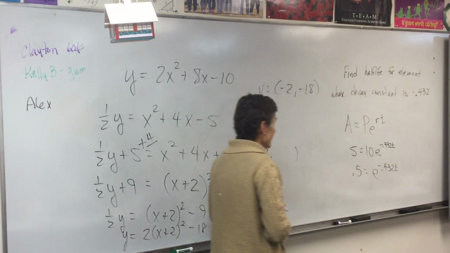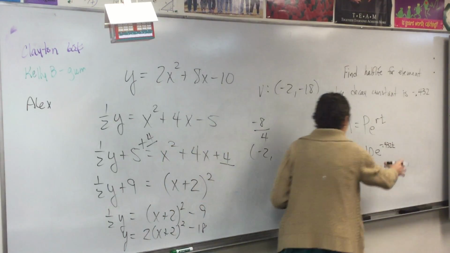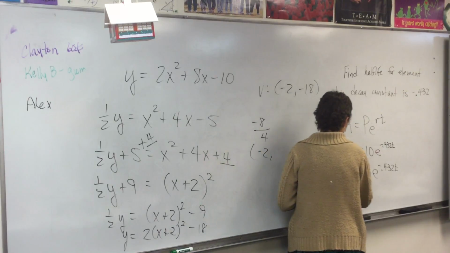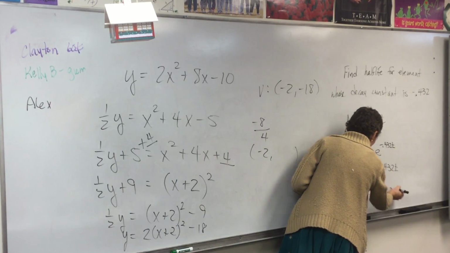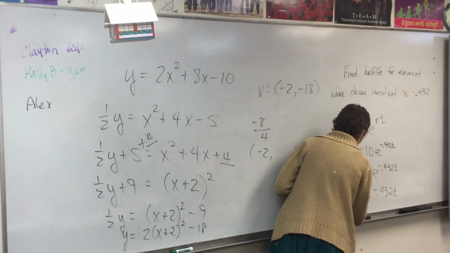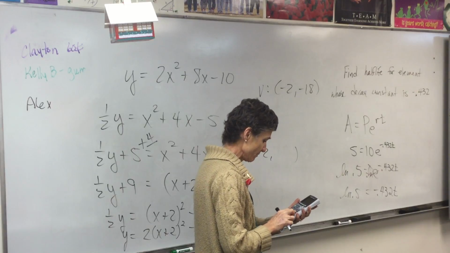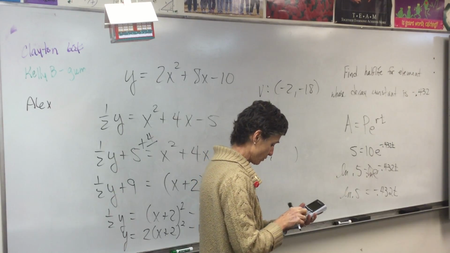Notice your variable is an exponent. You can't solve it until you get it down. If it's up too high, it's got to come down. So to get it down, we will ln both sides. And we'll have our answer if we just take ln 0.5 and divide it by -0.432.